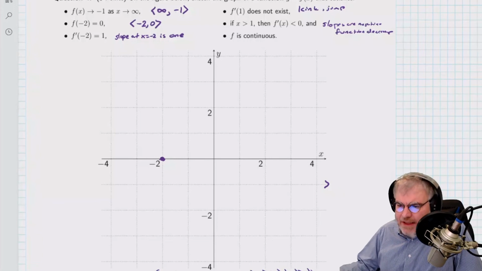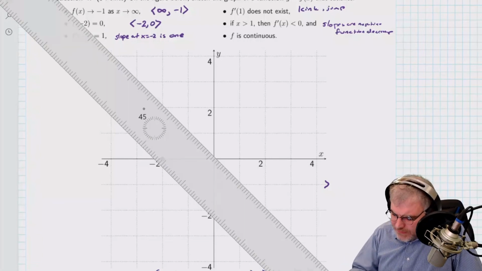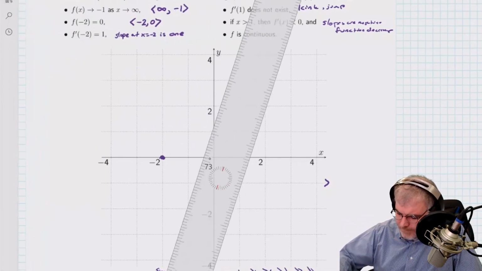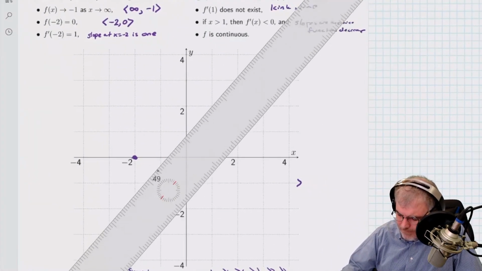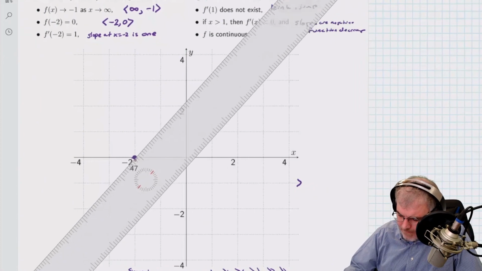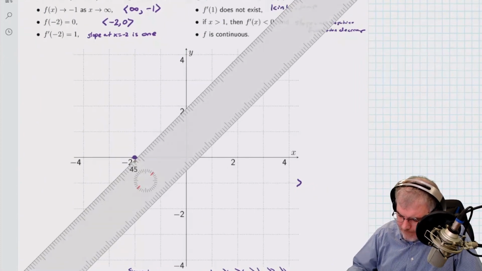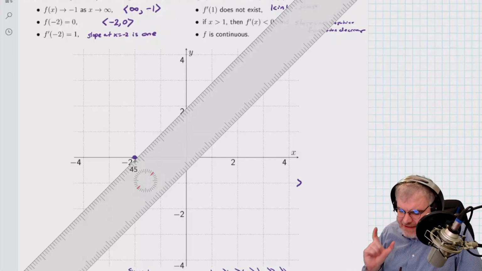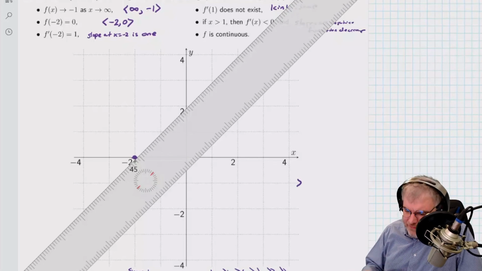All right, well, right here, I need a slope of 1. So I'm going to deal with that first. By the way, your ID, which you're required to have anyway for a test, is an excellent way to have a ruler on you when you do these.